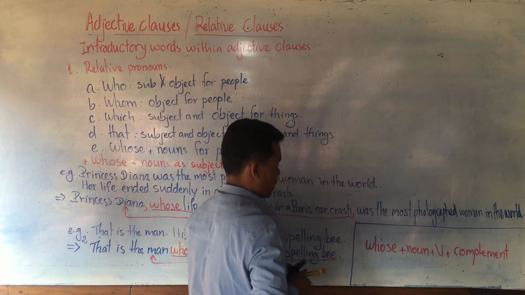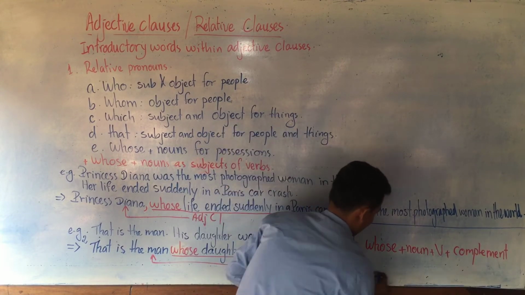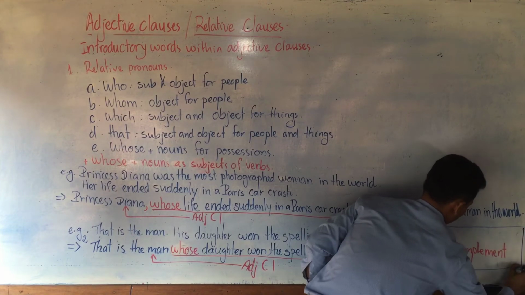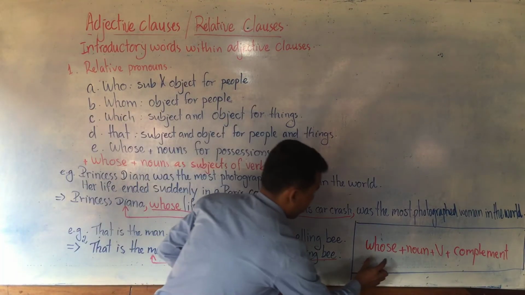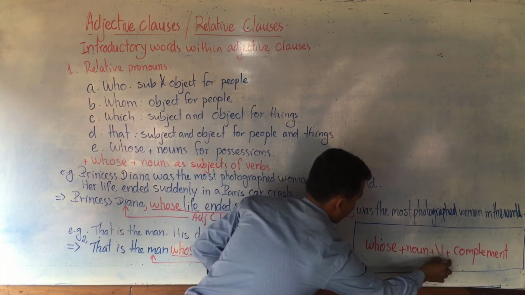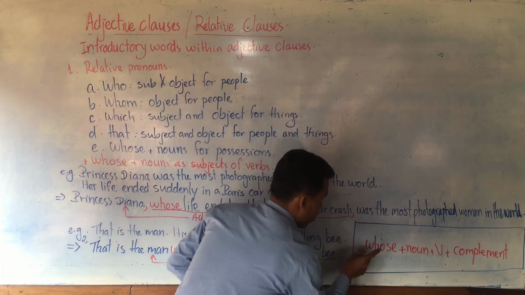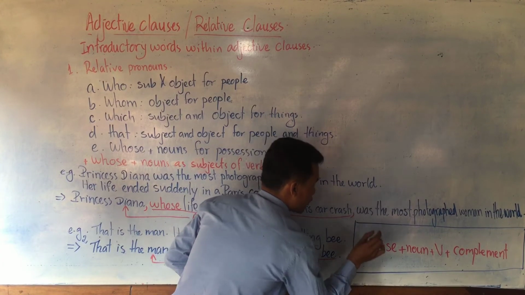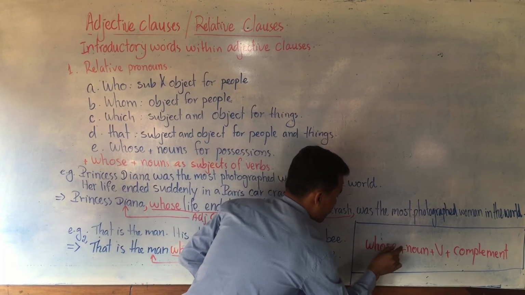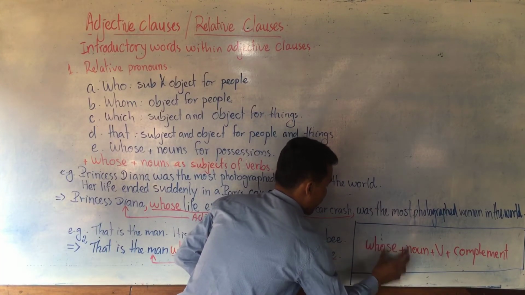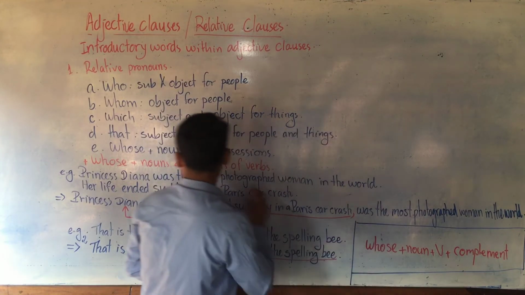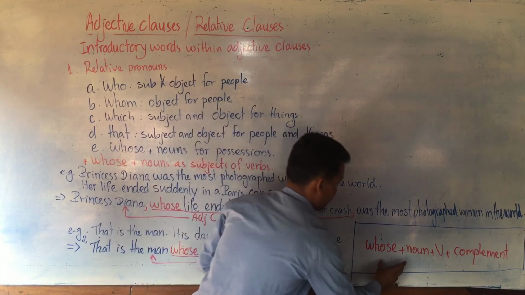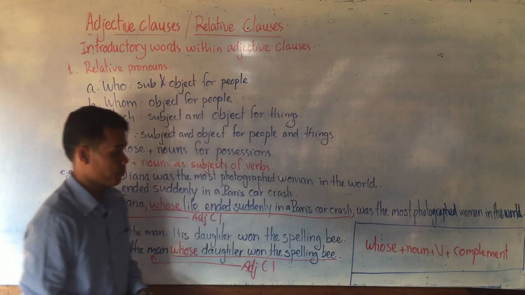This is the formula that we can use in an adjective clause. It means that whose plus noun in this place is the subject of the verb.